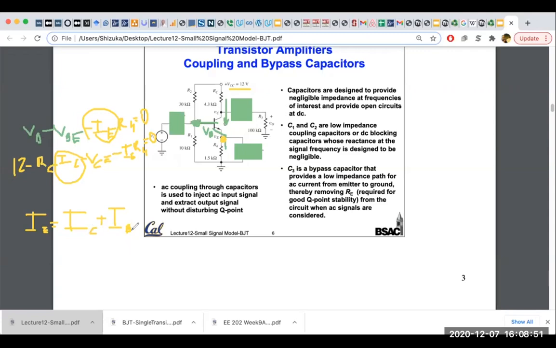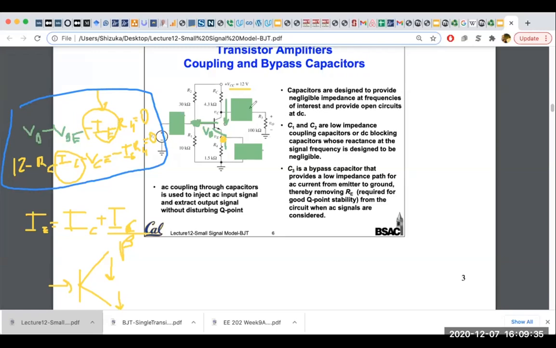And I base is actually IC over beta. So you can write IE in terms of IC, because when you look at the transistor, this current plus this current is this current. You can look at this in the notes. There is this part called BJT biasing, and it explains how you bias a BJT. But simply, you have two equations and you can solve the currents of this BJT.